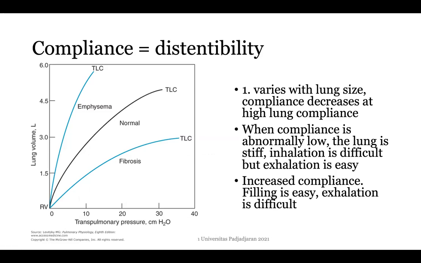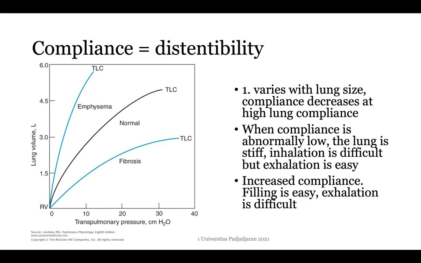When you change the pressure across the lung, you see changes in the volume. You could think of it as applying a certain amount of force to open the lung: how much does it open, and how much does the volume increase. That's what is shown here.